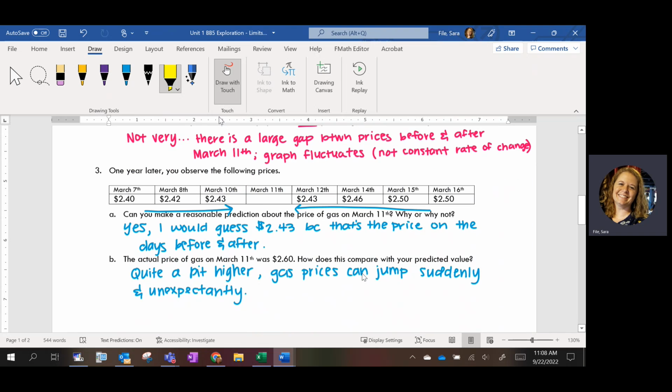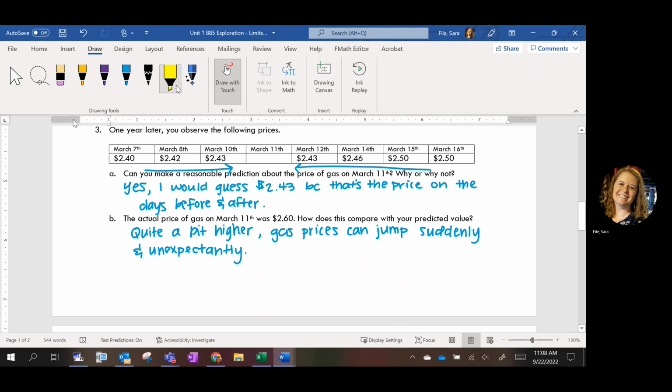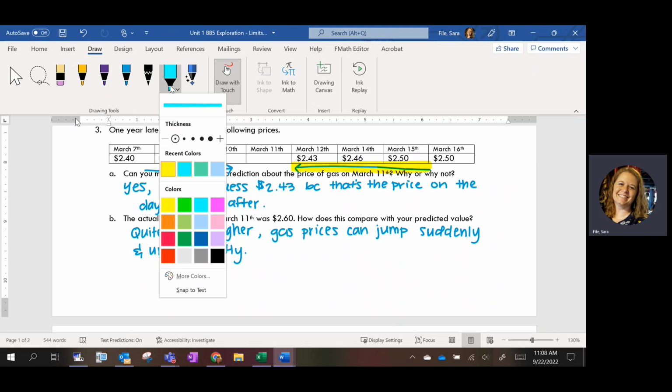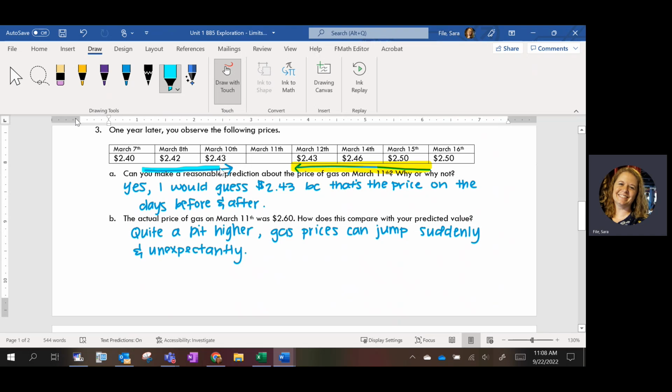Now in the table, coming from the right was this arrow here. So we're looking at these numbers from the right. And then we were looking at the y values we were approaching coming from the left. And then we were wondering if we could make a reasonable prediction.